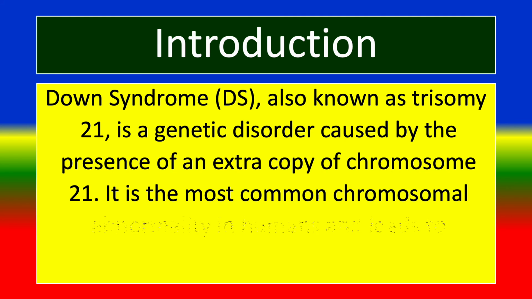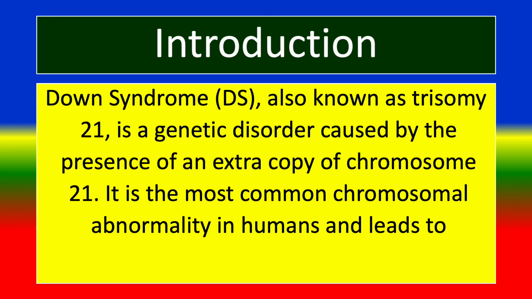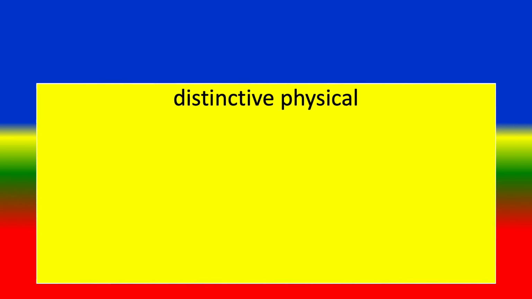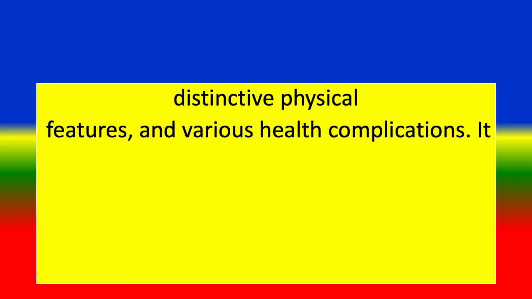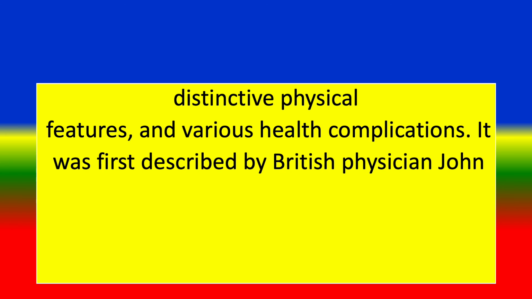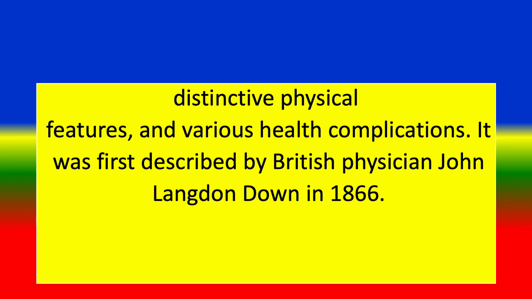It is the most common chromosomal abnormality in humans and leads to intellectual disability, distinctive physical features and various health complications. It was first described by British physician John Langdon Down in 1866.